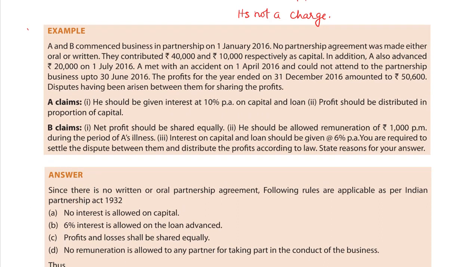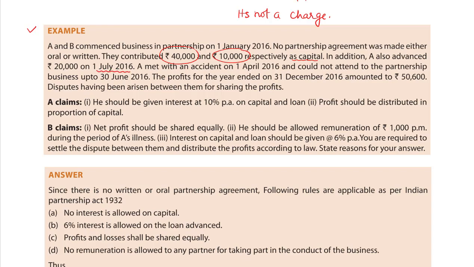Example: A and B commenced business in a partnership on 1st January 2016. No partnership agreement was made, either oral or written. They contributed 40,000 and 10,000 respectively as capital. In addition, A also advanced 20,000 on 1st July 2016.